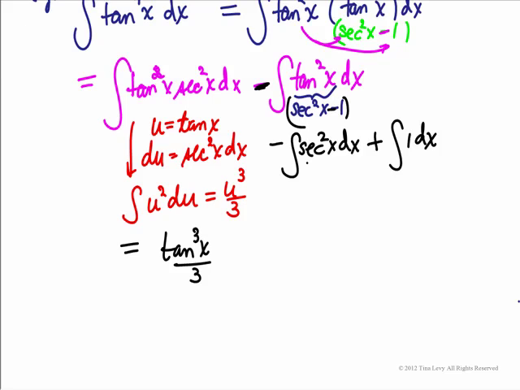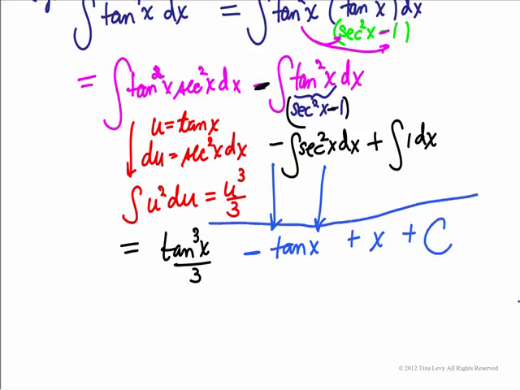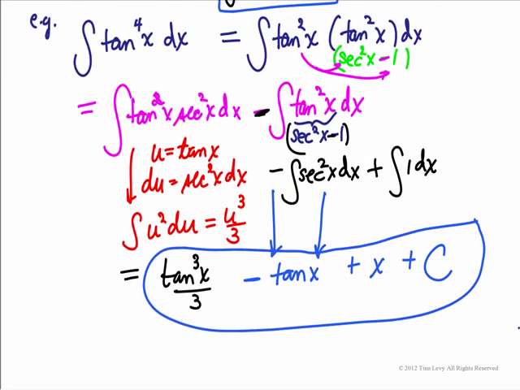And that gives us, working this, minus the antiderivative of secant squared is tangent x, plus the antiderivative of 1 is x, plus a constant. So that becomes the result for the antiderivative of tangent to the fourth power.